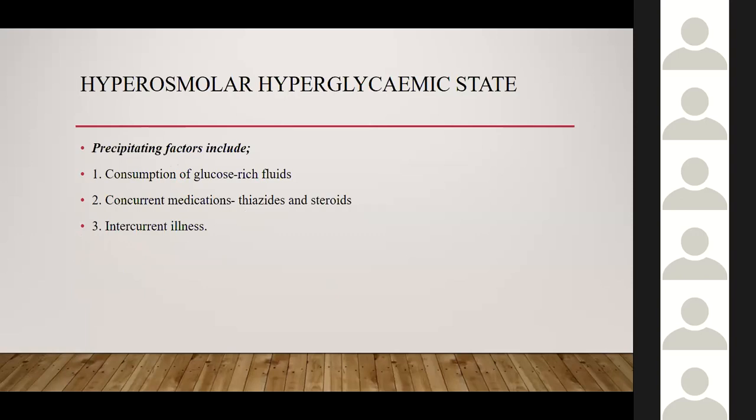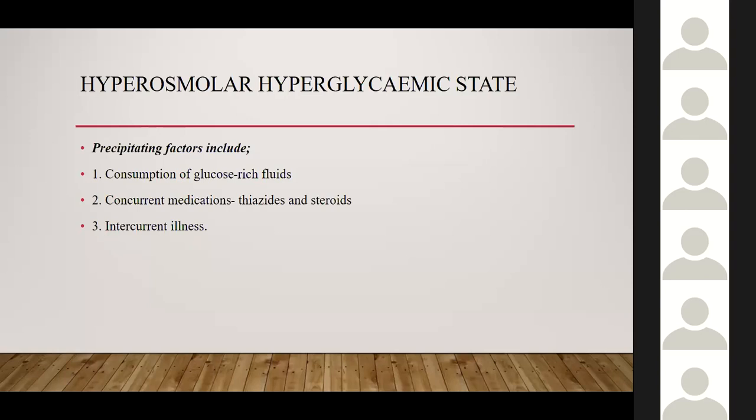And usually when you're diabetic, you don't know you're diabetic, or you know, and you're taking glucose-rich fluids or eating glucose-rich foods, then you're at risk. If you're on thiazide diuretics, or using steroid medications like dexamethasone, you can develop HHS.